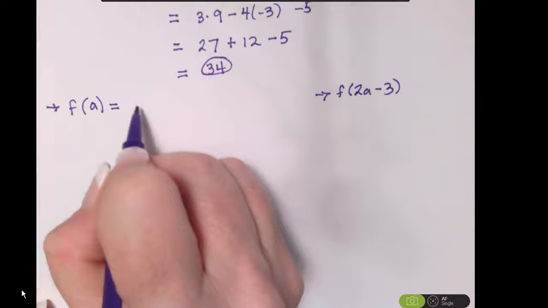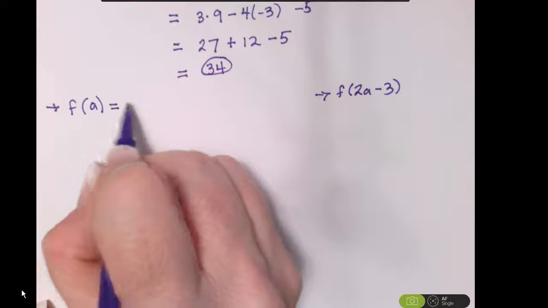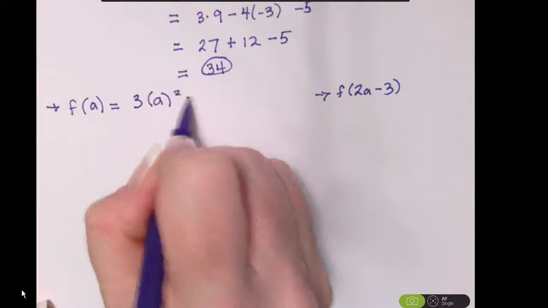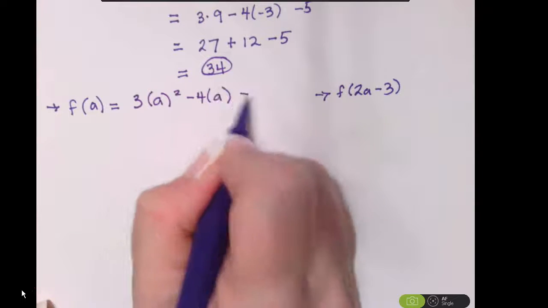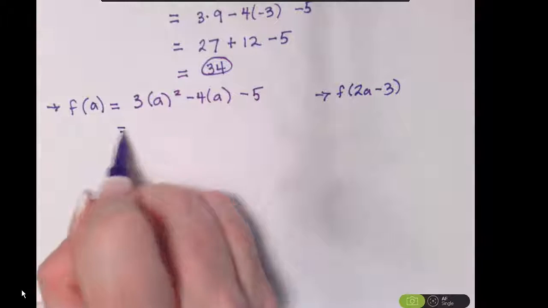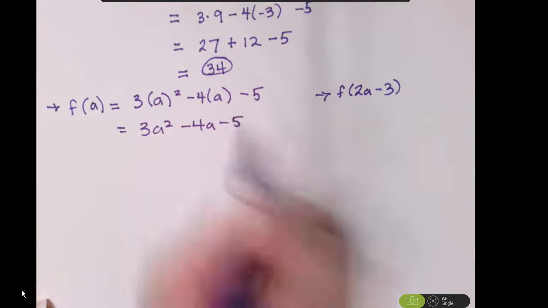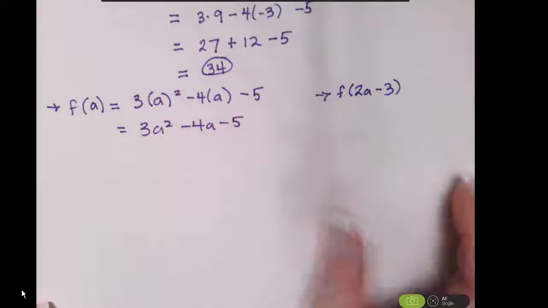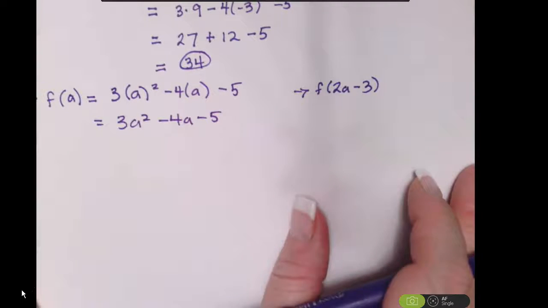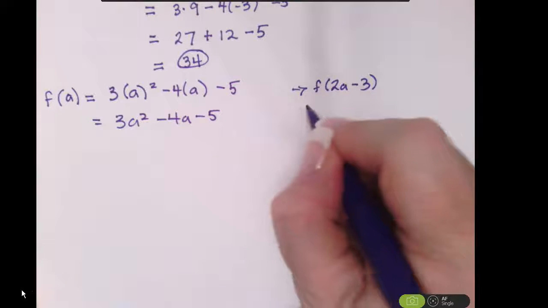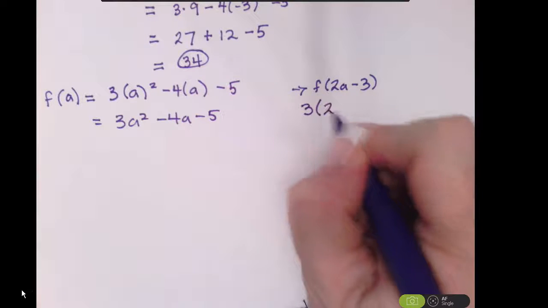So if I plug an a in, erase and replace the x with an a, 3 times a squared minus 4 times a minus 5. Then I work out the algebra, and I end up with the original function just with an a instead of an x. But things get kind of interesting when I'm substituting in an algebraic expression.